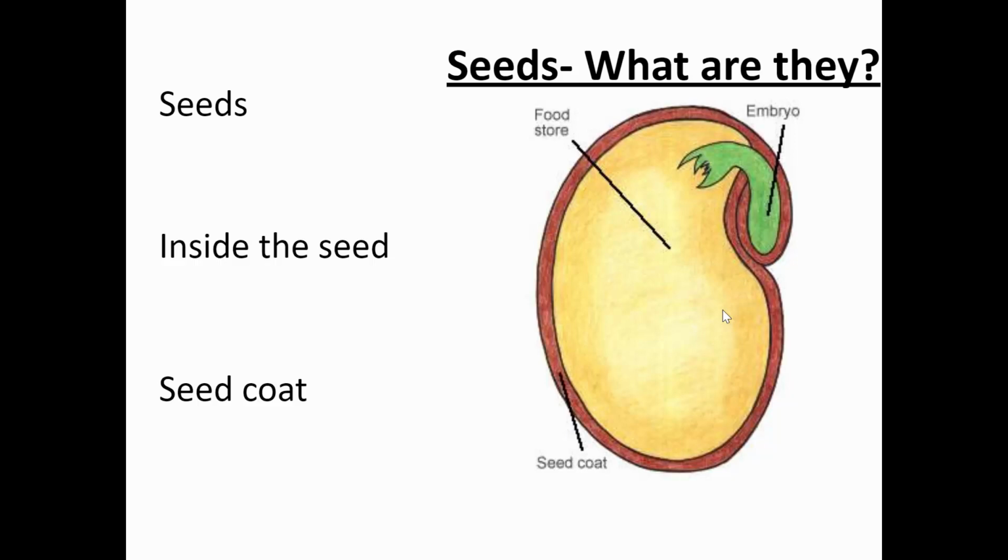Most of the seed is actually this food storage. It is stored up carbohydrates and proteins and fats, energy, that this embryo is going to use as it starts to grow. Because typically, how do plants get their energy? Through photosynthesis.